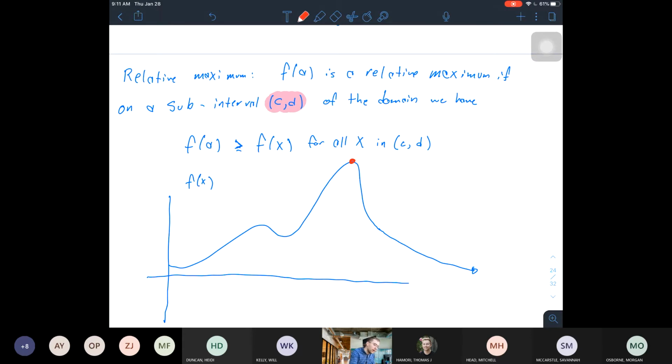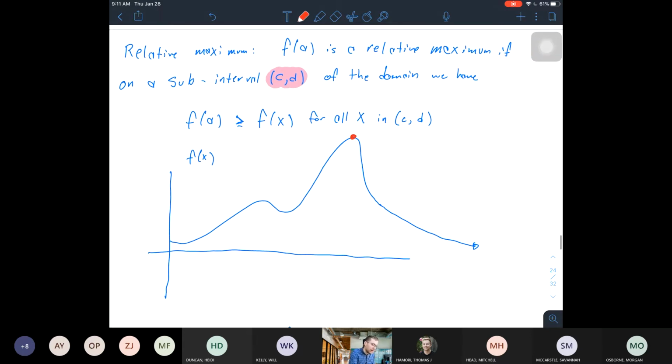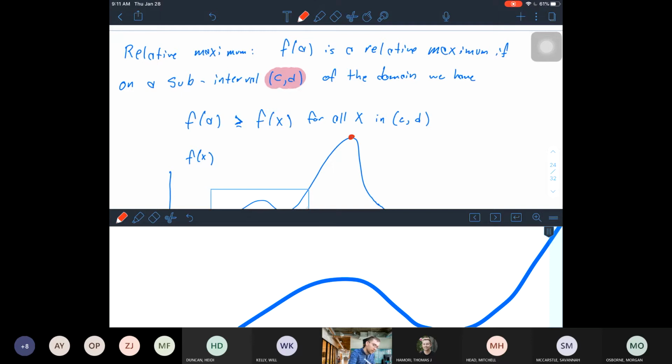So we can find another point on this graph, which is not going to be a maximum, but it will be a relative maximum. That's if we choose some a, which is right here, and we look at that point up there.